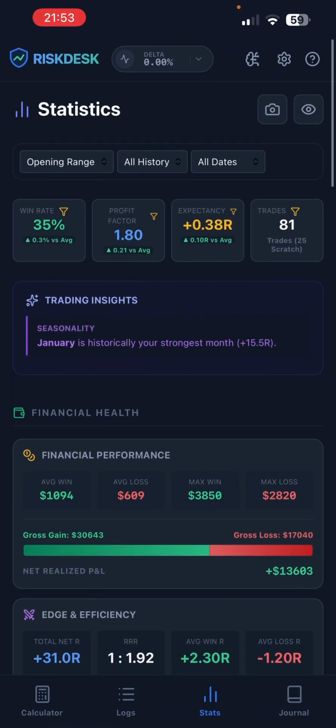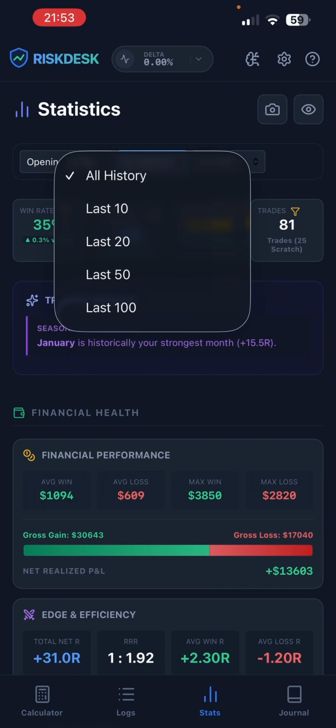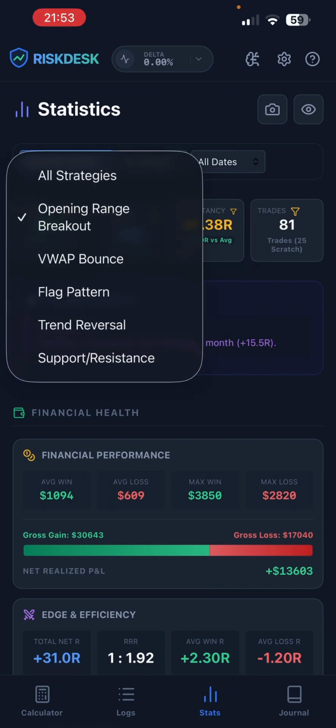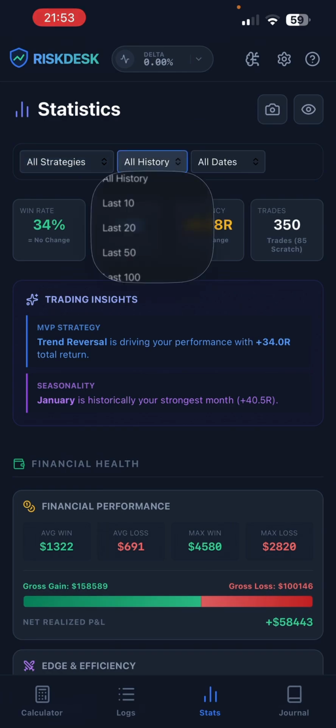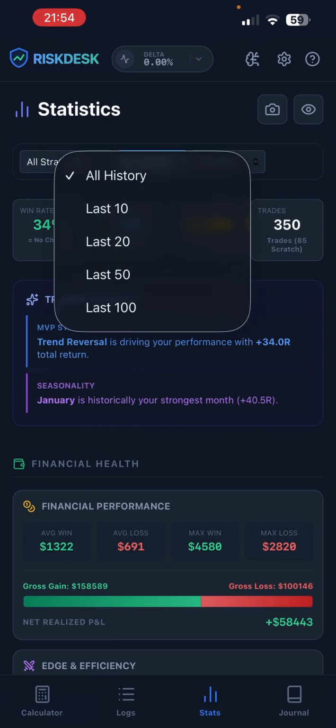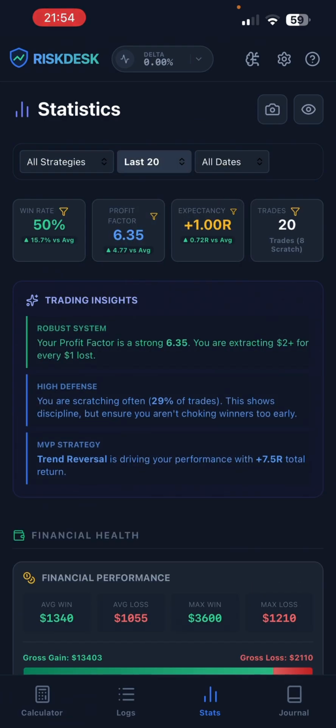You can come back and then cut and slice the data in different ways. So I could go out to all strategies and say, show me how I'm doing over my last 20 trades. Okay, you can see again how you're doing relative to your full history to give you a sense of recent performance behavior.